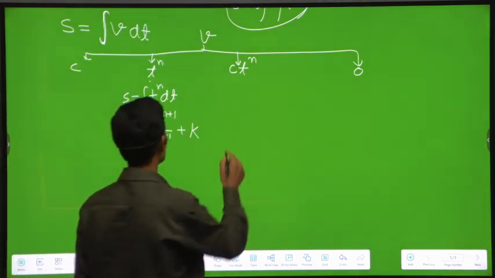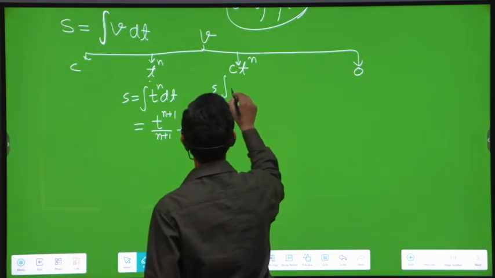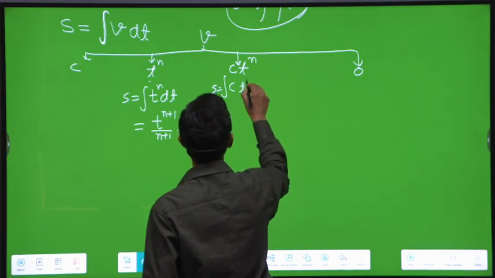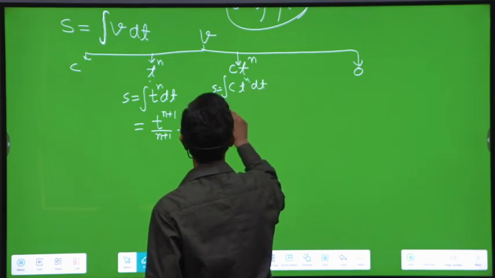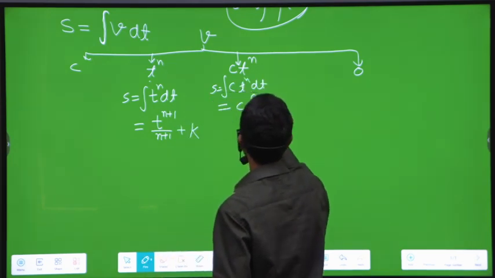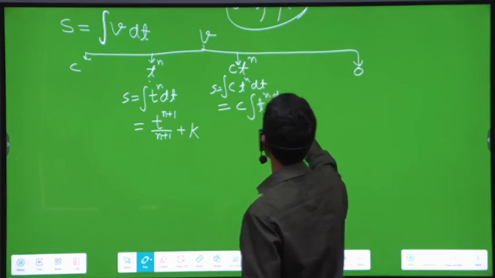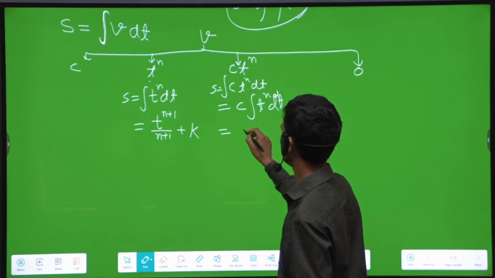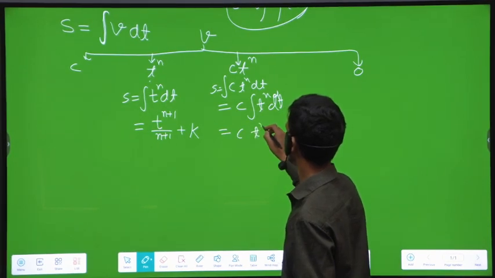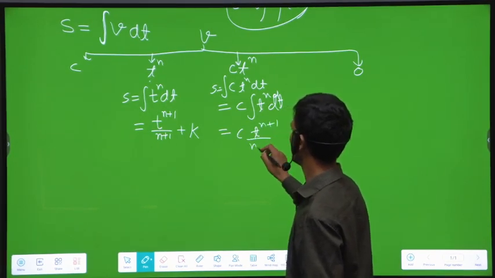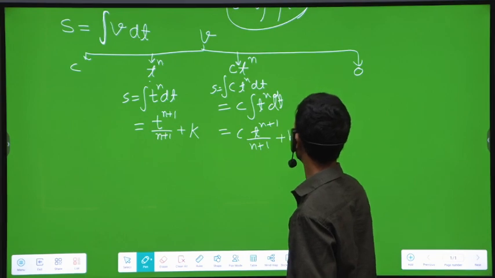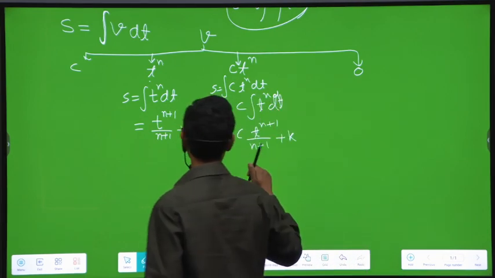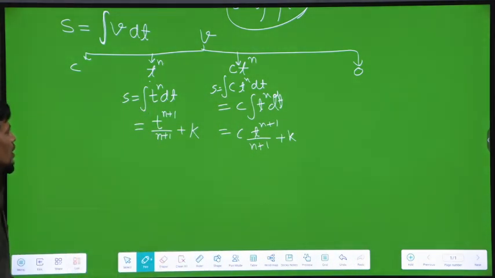Okay, now what about c t to the power n dt? It will be the same thing. So final answer will be c t to the power n plus 1 divided by n plus 1 plus some constant. Why is this constant coming again and again?